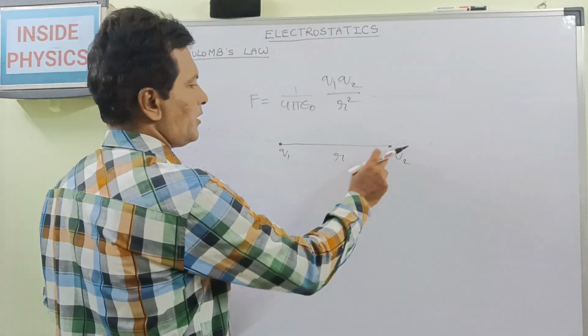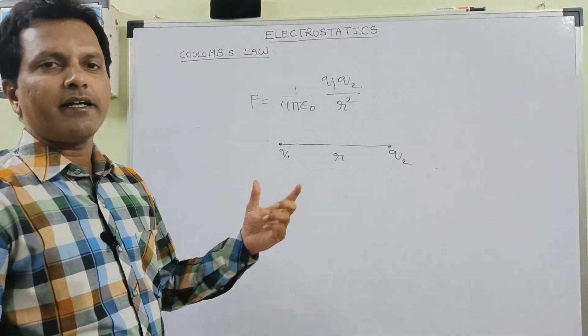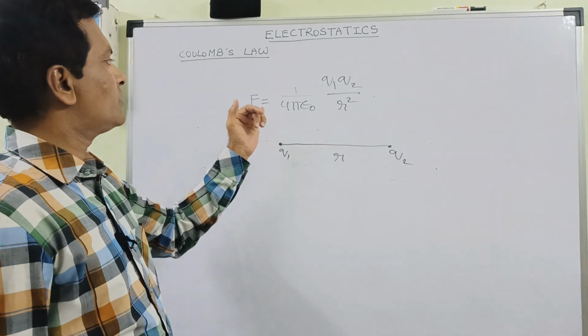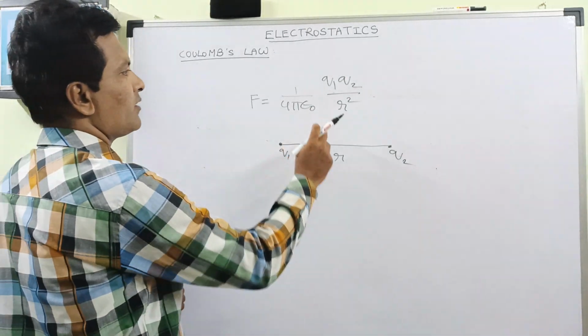When these are oppositely charged, that means plus and minus, the force will be attractive. Either repulsion or attraction, the force is given by this formula.